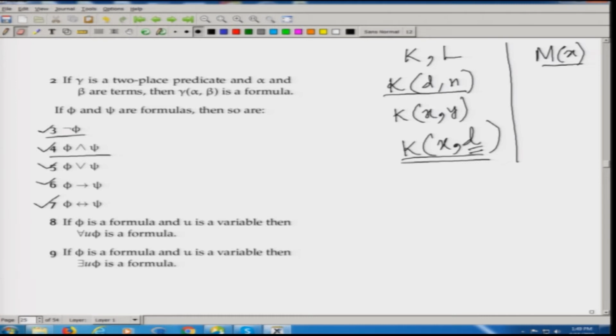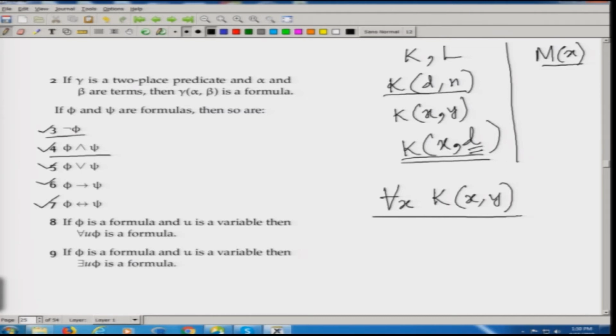We need to see how this rule works. So I construct a formula by using it. Suppose I construct k x y. If this is a formula, then I can all the time use it, if u is a variable. So x is a variable, this is a formula then.